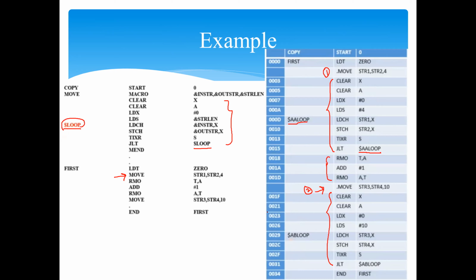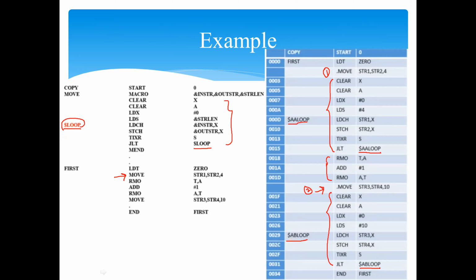Wherever you have $loop coming, since this is the second invocation, it will be replaced with $AB loop. And in the body also, it will be replaced with $AB loop. Now again, if you have one more invocation coming there, it will be replaced with $AC loop. So with this scheme, the macro generates unique labels for every label in the macro body.